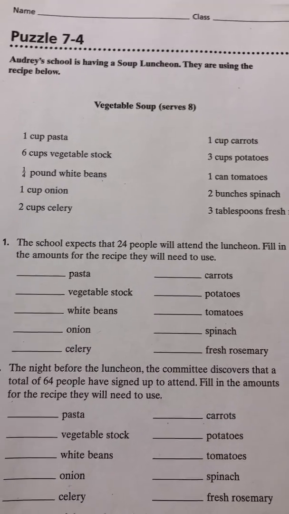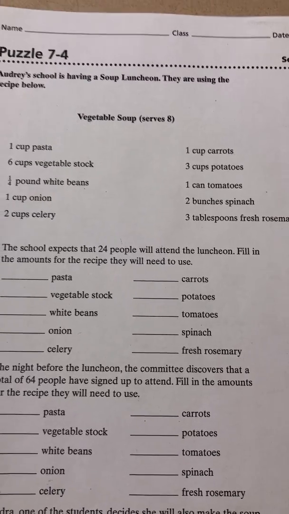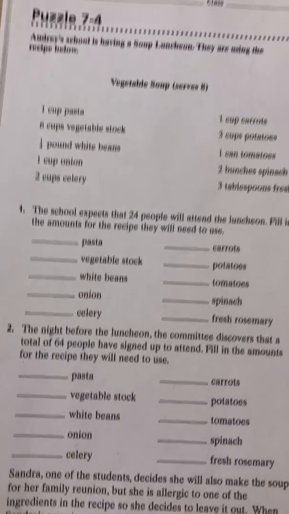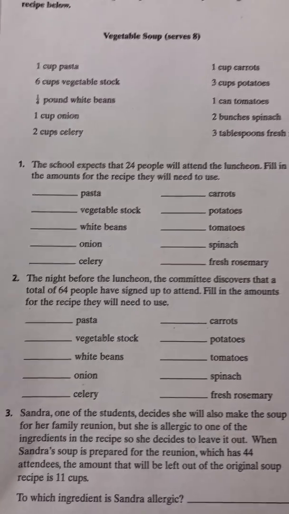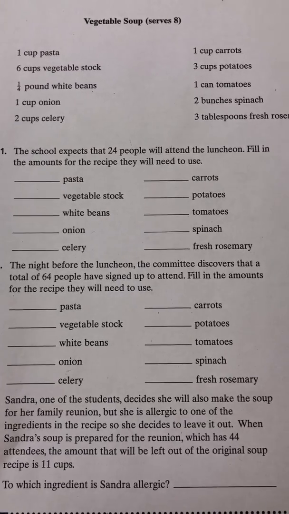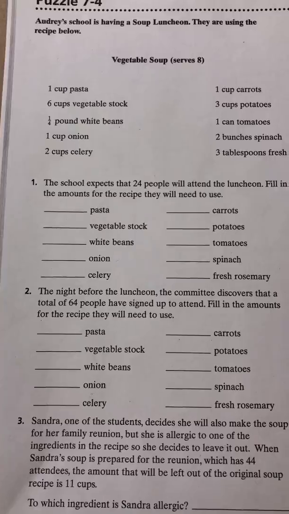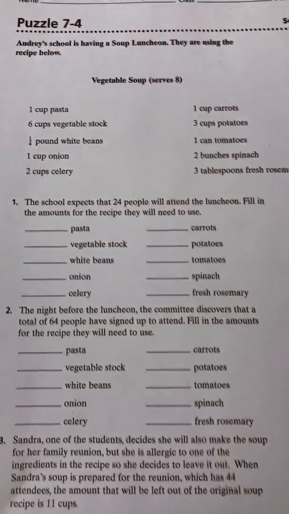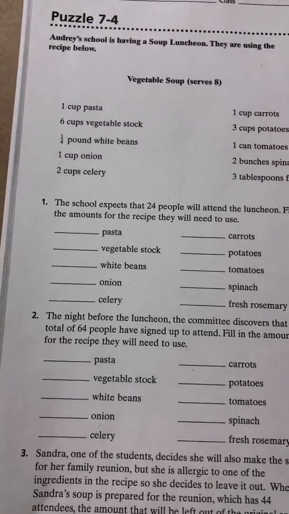So here you have the recipe for vegetable soup, and please note that it serves only 8 people. Okay? Now there's, again, not a lot of questions here, just 3. But for each one, number 1, the school expects that 24 people are going to attend the luncheon. So now you need to fill in the amounts of the recipe because, again, the recipe was for 8, and now you need to feed 24.